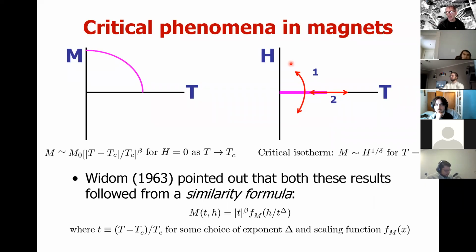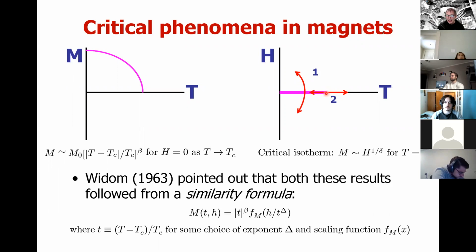Linear response theory says the response to a perturbation is proportional to how big that perturbation is, as long as that perturbation is small enough. There may be nonlinear terms as well, but at least to first order in the perturbation strength, the response will be linear. Now, when you get close to this critical point, right here, what you find is that that breaks down. Linear response theory breaks down.